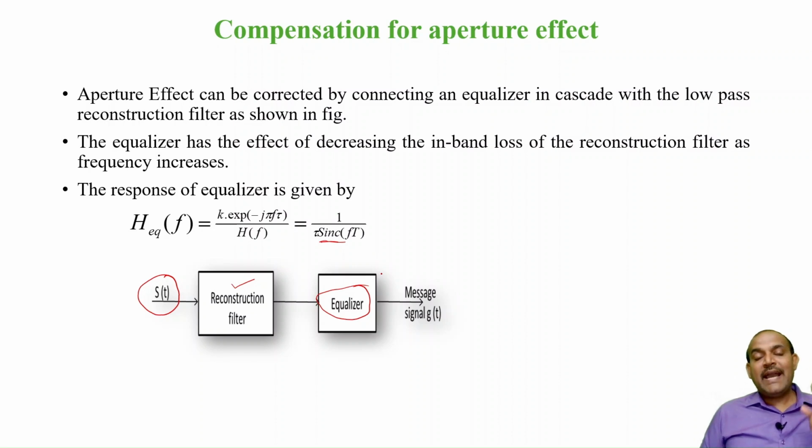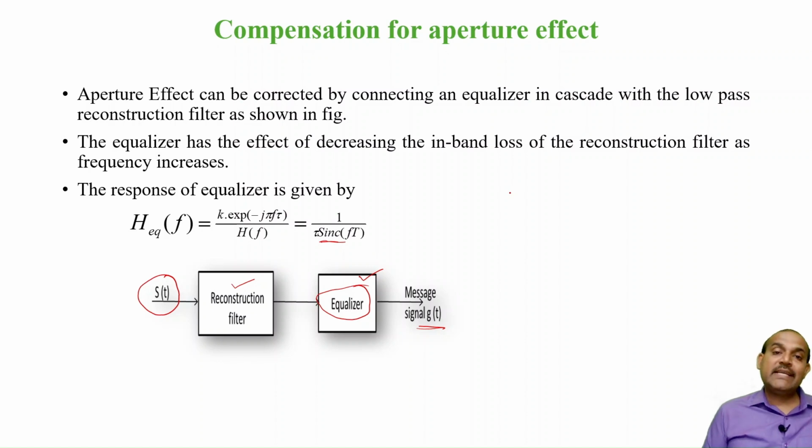We had the sinc function in the aperture effect. In the compensation, I take its inverse, so that the sinc gets cancelled and you get a constant output. So the message signal g of t, even at slightly higher frequencies, does not get any distortion because of the equalizer. So this is how you can compensate the aperture effect.